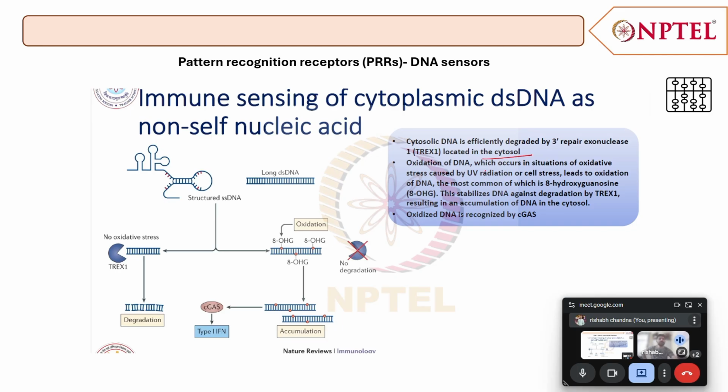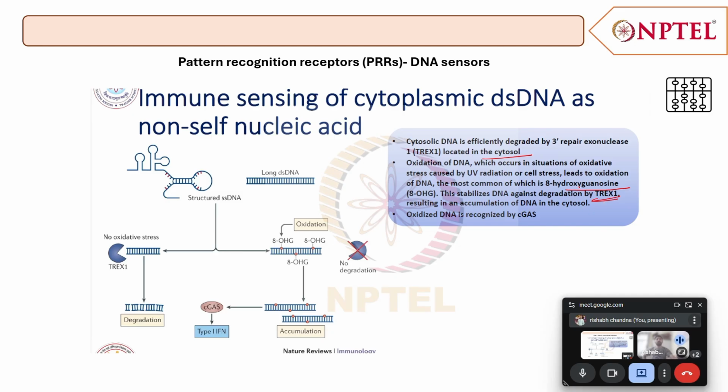The oxidation of DNA, which occurs in situations of oxidative stress, produces 8-hydroxyguanosine, 8-OHG to be precise, and this stabilizes DNA against degradation by TREX1.